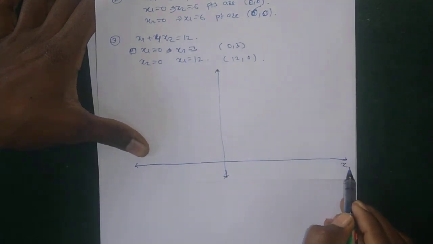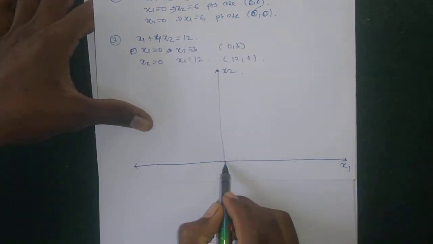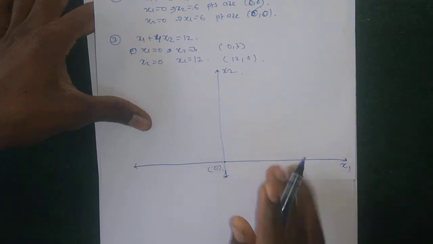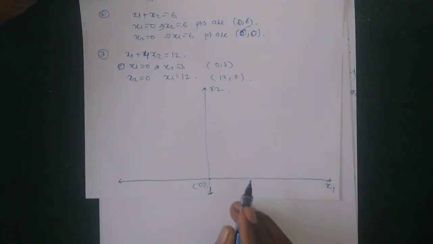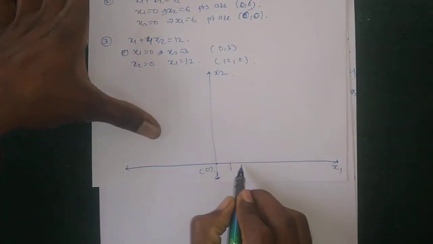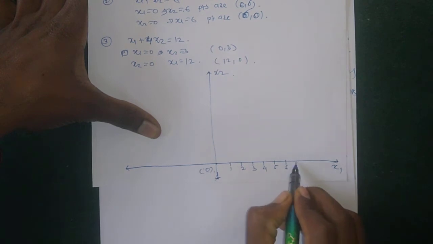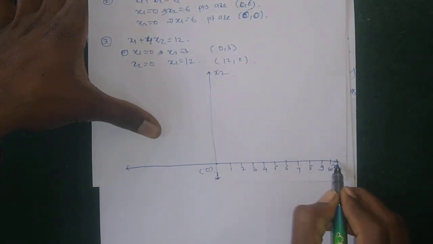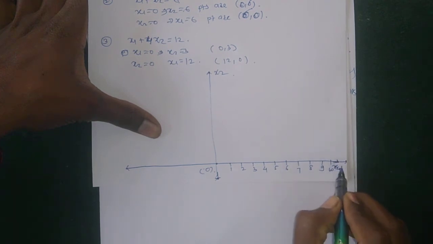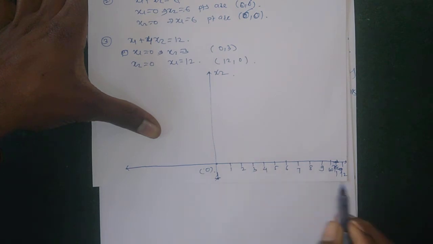This is the x1 axis and this is the x2 axis. Here 0, then take the points 1, 2, up to 9, here 10, and here 11 and 12.